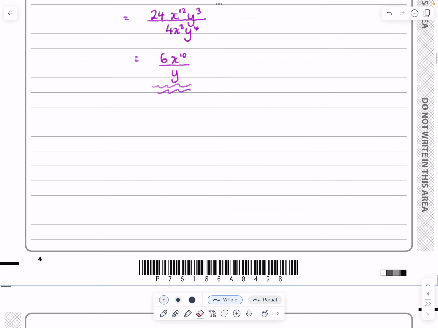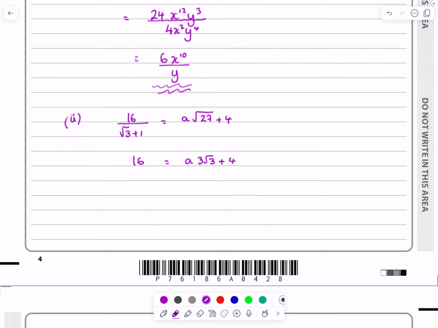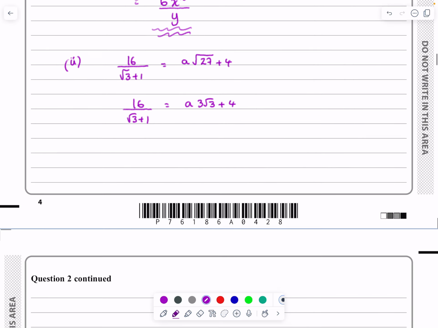So let's get started with the question. So what have we got? It says part 2. We had that 16 over root 3 plus 1 is equal to, I'll leave it as it was to start off with, a root 27 plus 4. So what I've now said is that root 27 is 3 root 3. So I've got a 3 root 3 plus 4 is equal to 16 over root 3 plus 1.